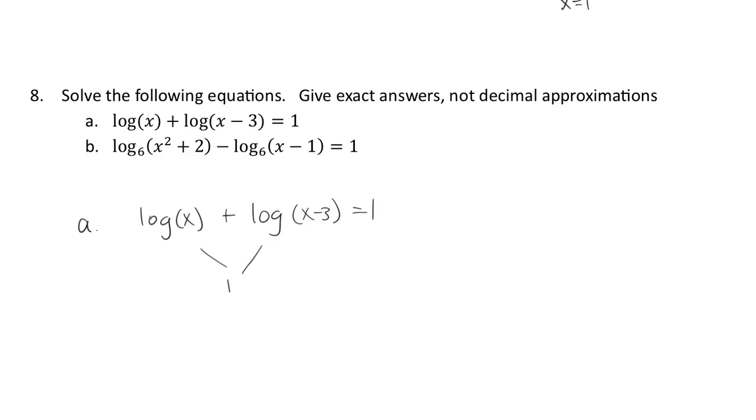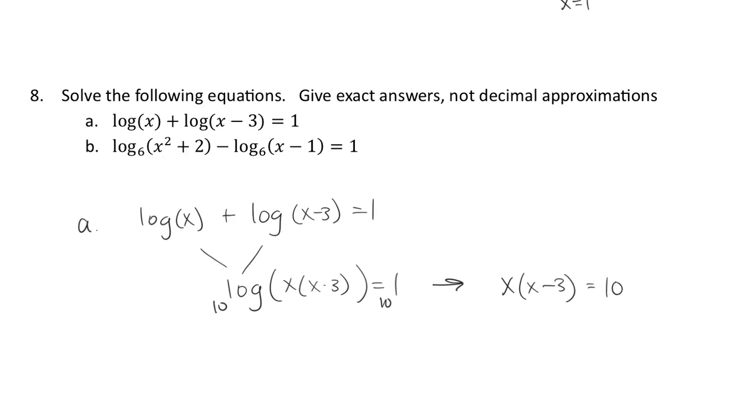We can combine here into the product of x times x minus 3. Now that we have one logarithm, we can use a base to cancel the logarithm. So this is log base 10, the common log.